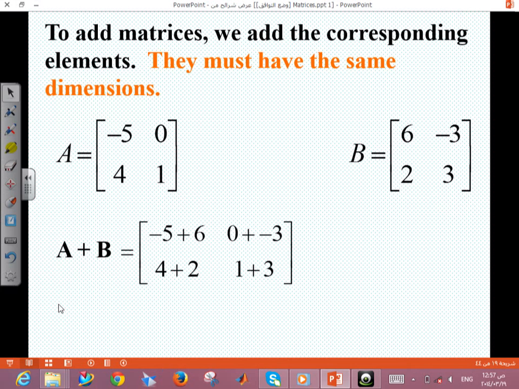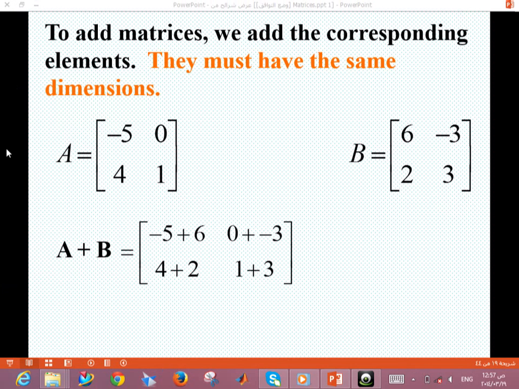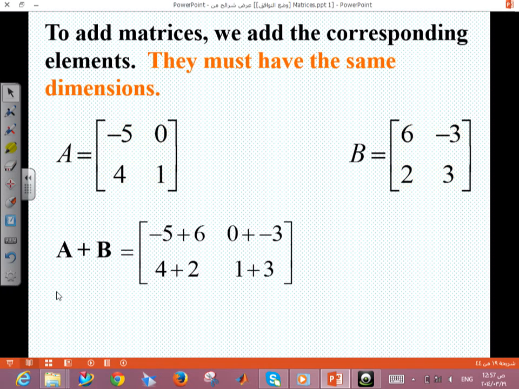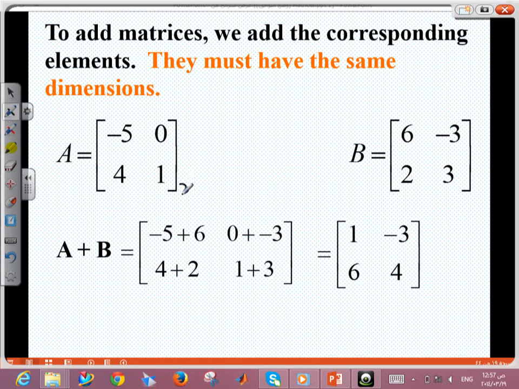Then A plus B will be: negative 5, we add the corresponding elements, 6 and 0, negative 3 and 4, will be 2, and 1 plus 3. Okay? We will get this answer with the same order, 2 times 2, 2 times 2, the answer will be 2 times 2, the same order.